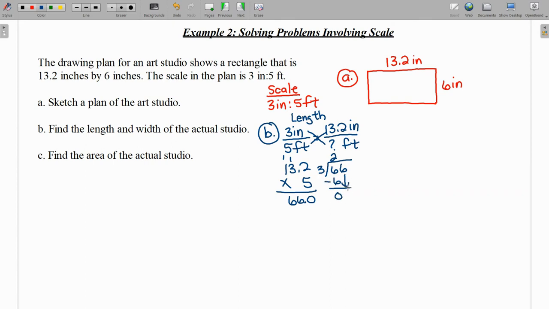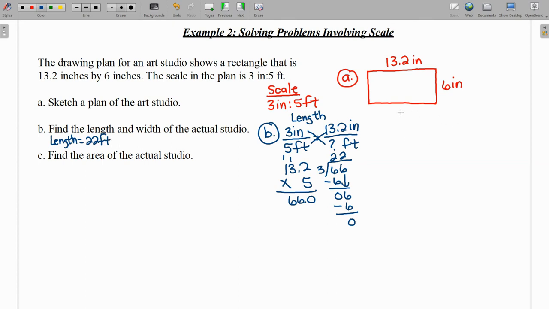And then I bring down my next number, which is the 6. 3 goes into 6 once again 2 times. 3 times 2 will be 6. And then 6 minus 6 gives me 0. So the length of the actual studio is going to be 22 feet.